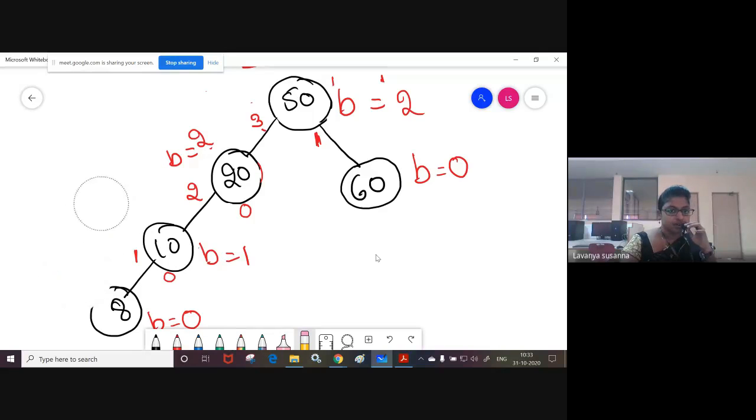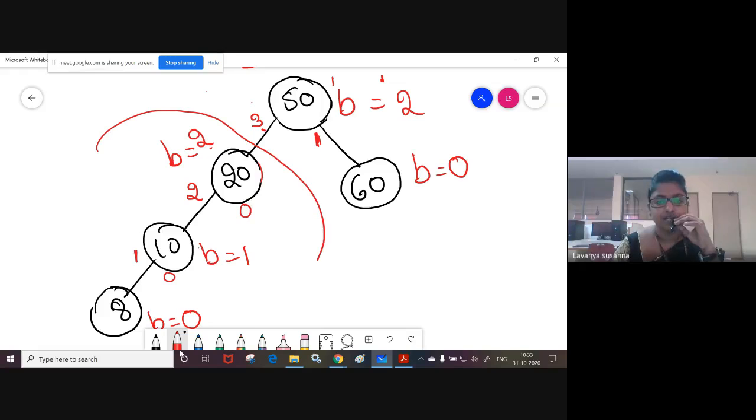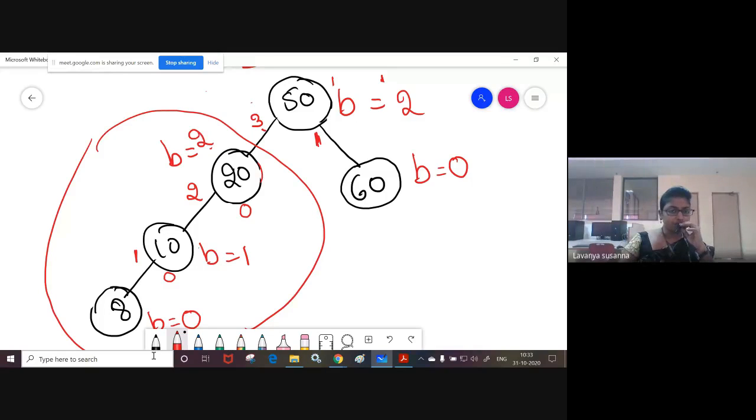Okay, so first you need to know which rotation you need to apply. If you want to balance, you need to apply rotations. Now, anyone can answer, students? Which rotation you need to apply? How will you know which rotation you have to apply?